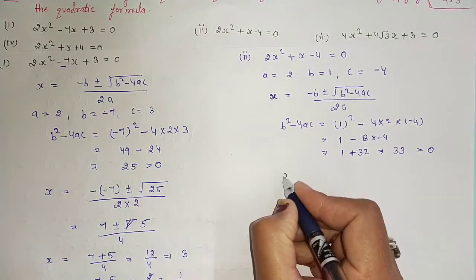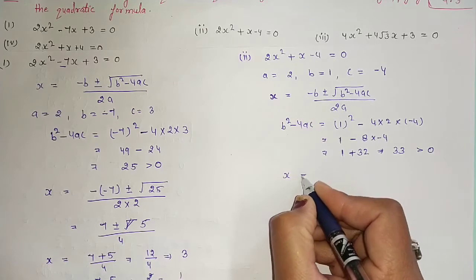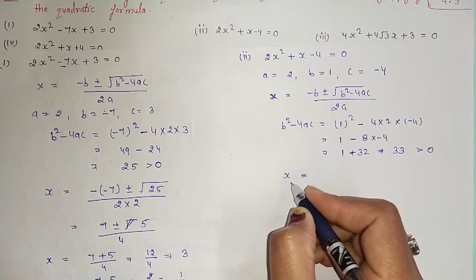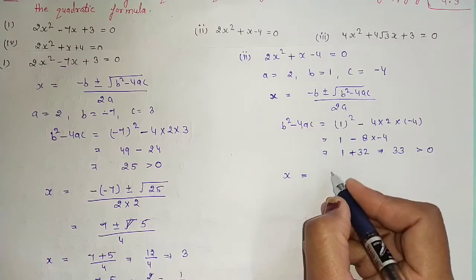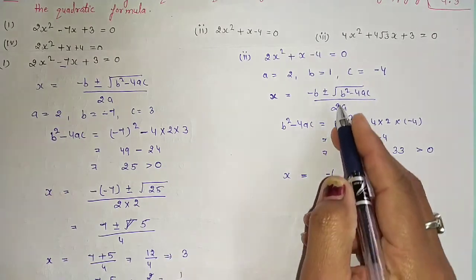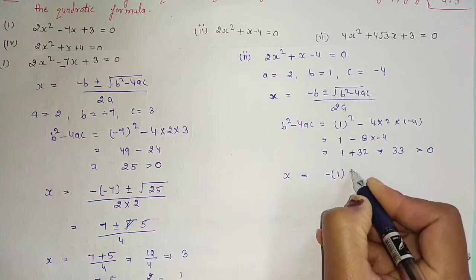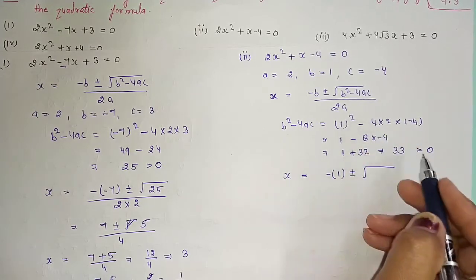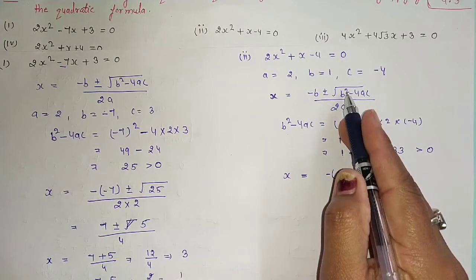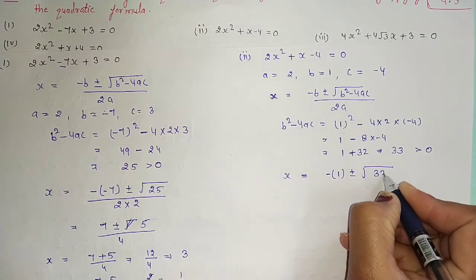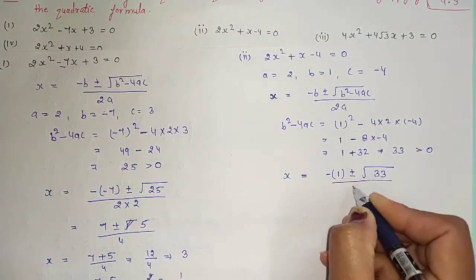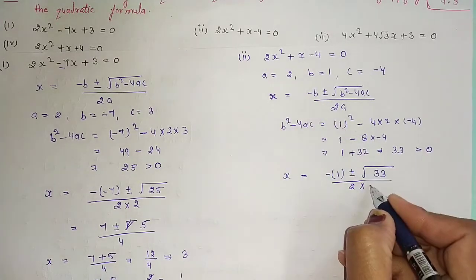Now we find the roots of the given quadratic equation by the quadratic formula. Therefore, x equal to minus b, b is equal to 1, plus minus root of b square minus 4ac. The value of b square minus 4ac is 33, upon 2a, which is 2.